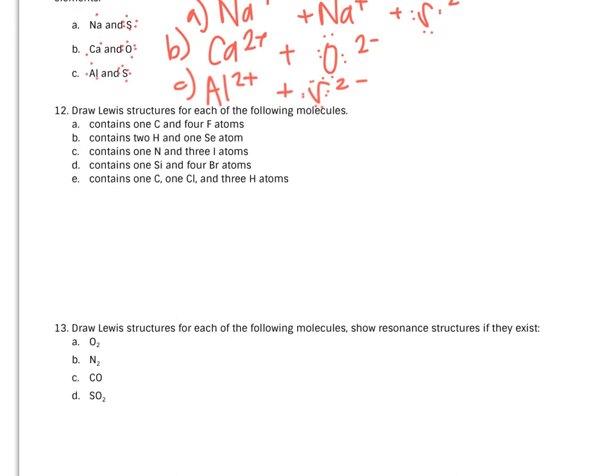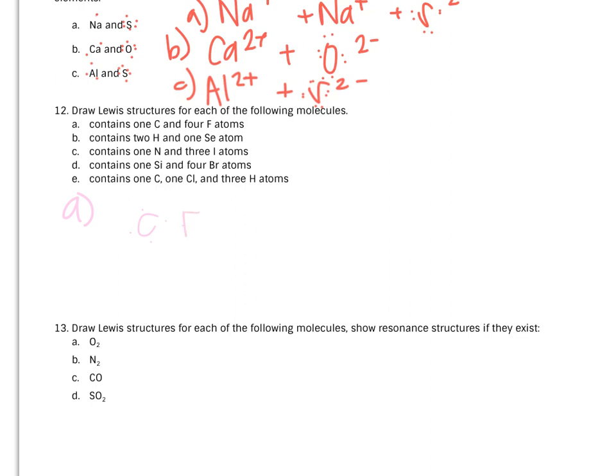So on A, it talks about it containing 1 carbon and 4 fluorines. So we know that what's going to go in the middle is the carbon. Carbon has 4 valence electrons.